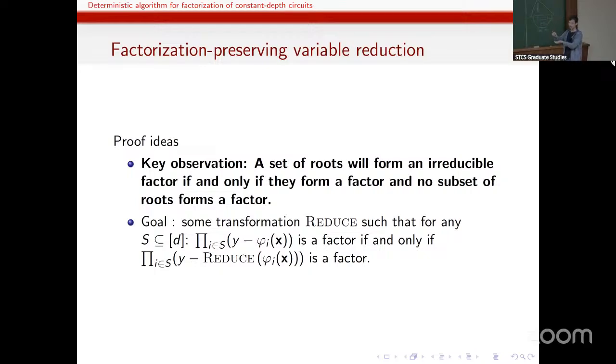That's a divisibility condition. And we want to say that it is a factor if and only if, once you do the reduction, the product over those roots of y minus the reduction of those roots is a factor. So the initial combination is a factor if and only if the post-reduction combination is a factor.